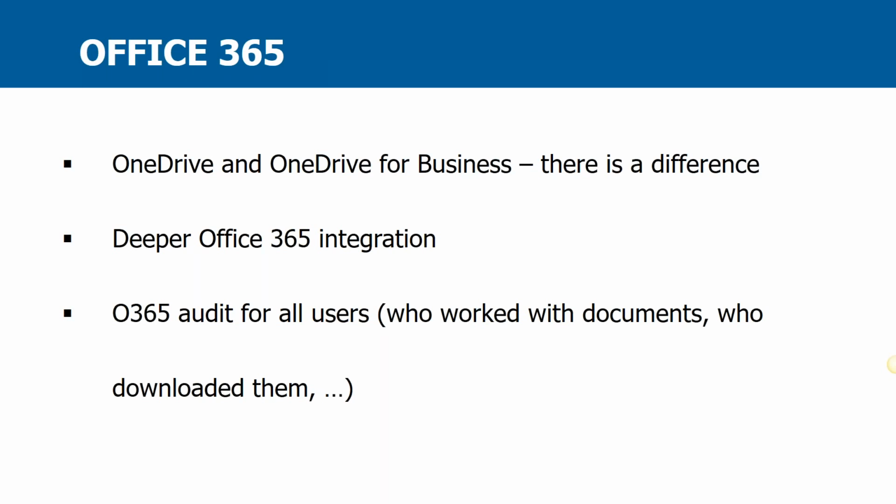So either if you're uploading it through the web or sharing it, synchronizing it through the synchronization folder, or saving it from Word or Excel or any other Office application directly to the cloud, we can deny that channel and we are able to block the operation itself.